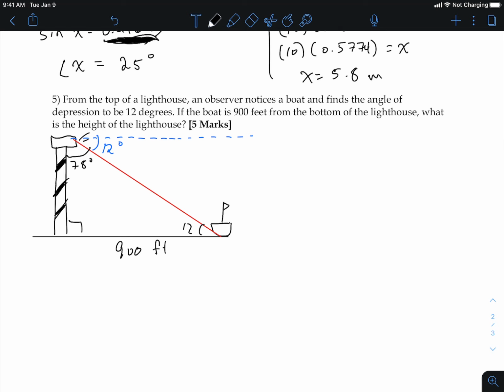Now, you care about X. How tall is the tower or the lighthouse? So you could do this one of 2 ways. If you didn't recognize that this was 12, then you could pick this angle.